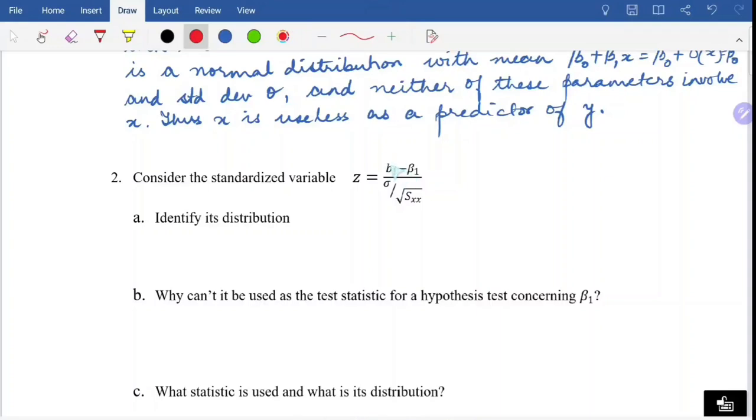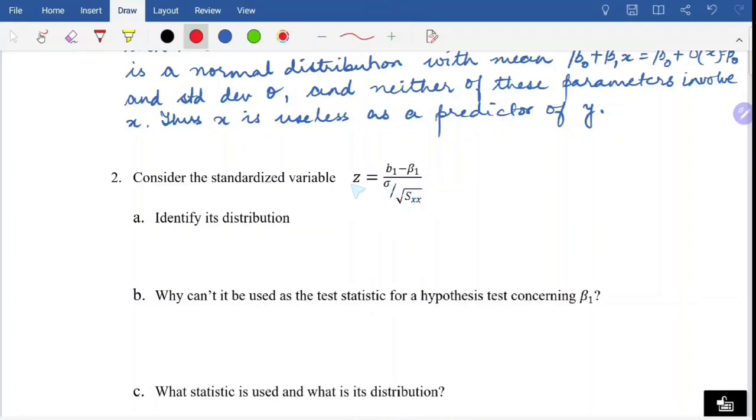So b sub 1 is the slope of the sample regression line, and beta sub 1 is the slope of the population regression line, divided by sigma over square root of S sub xx. Now, whenever there is a z, there should be the population standard deviation. It should not be the sample standard deviation, because if it is a sample standard deviation, it will no longer be a z, it will become a t distribution.